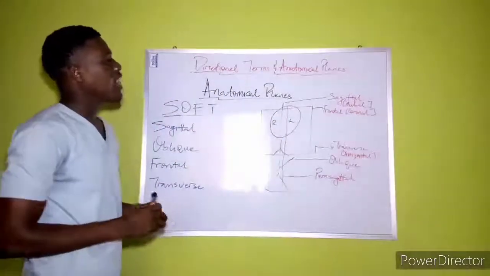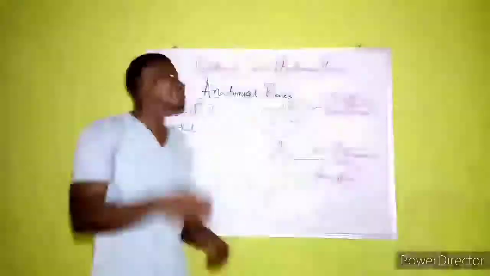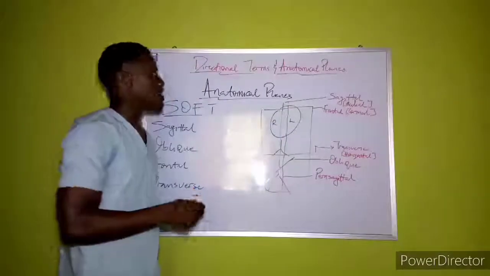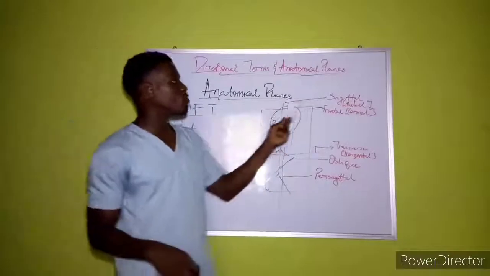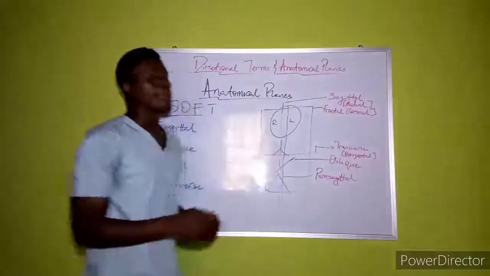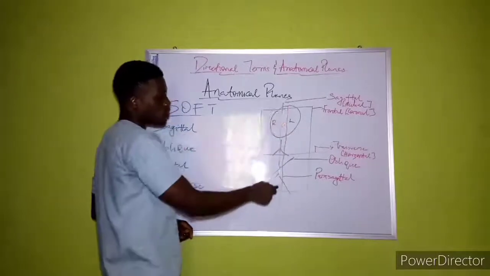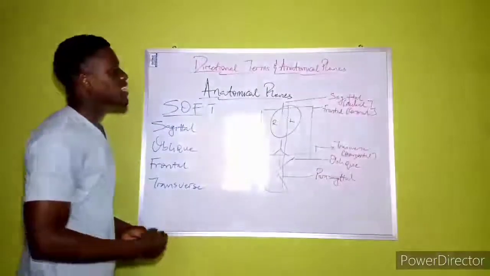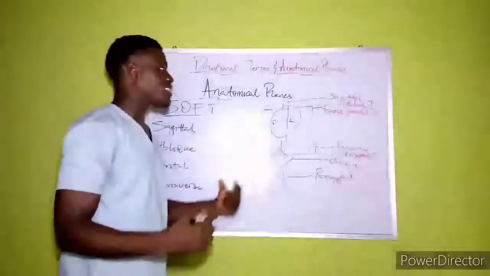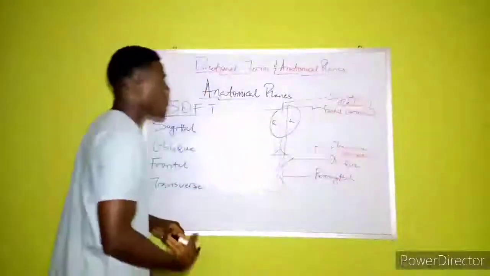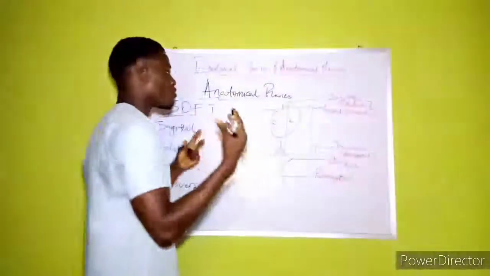You get that now? And this sagittal plane can also be referred to as the medial plane, because it runs through the midline, that's through the middle. So a sagittal plane is an imaginary vertical line that runs from the superior part of the structure to the inferior part.